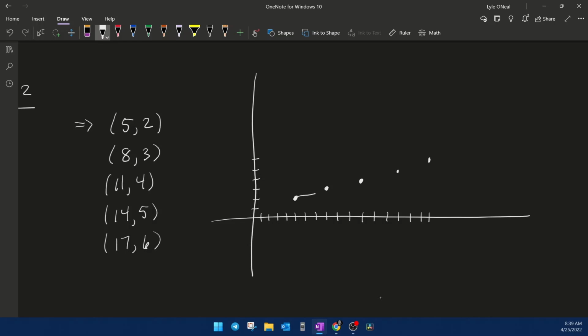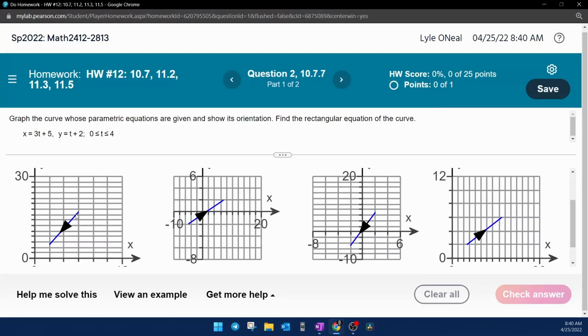And so if we look at those points, well, that's linear. And I believe we're heading in this direction, moving to the right. So let's go back and see if we can find a graph that matches the sketch that we have. After careful examination of the answer choices, we can immediately rule out answer choices B and C because they go over into the third quadrant, and our graph was only contained in the first quadrant.